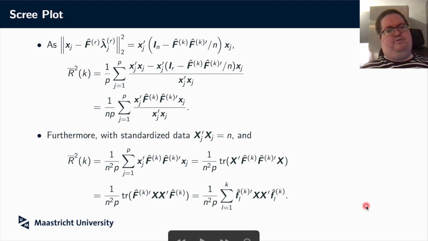Now, we can interpret this scree plot in a different way. So we do a bit of rewriting using the same ideas as we did for principal components. First, we're going to rewrite the entries appearing in the residual sum of squares. So if you write out this L2 norm, we can write it out in just quadratic form.